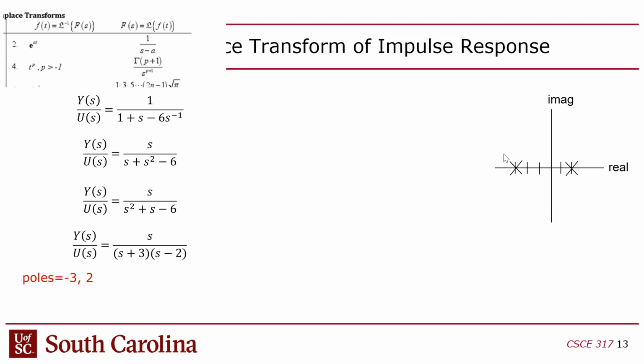So one way to do it is to look at a table. This is generally what people do. They look at a table where one column is the time domain and the other column is the S domain equivalent. But those tables are actually kind of hard to read. Luckily, there's really only one entry that matters for us because these are linear.